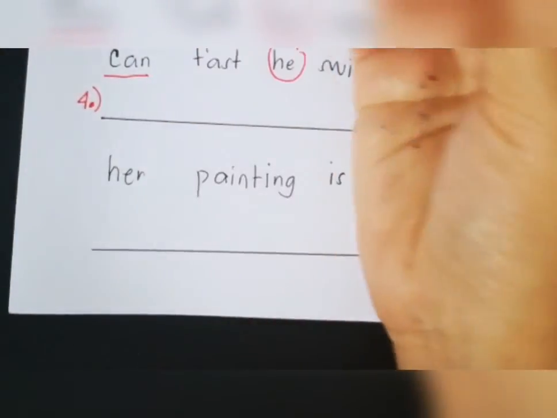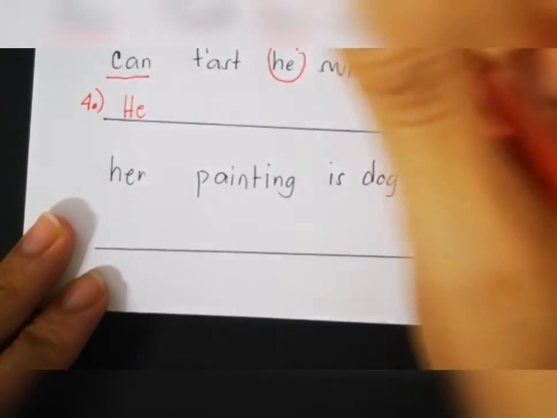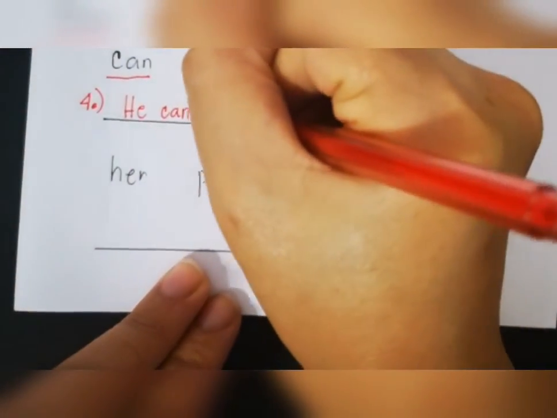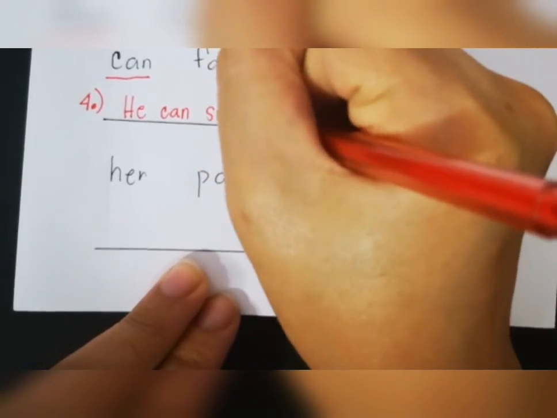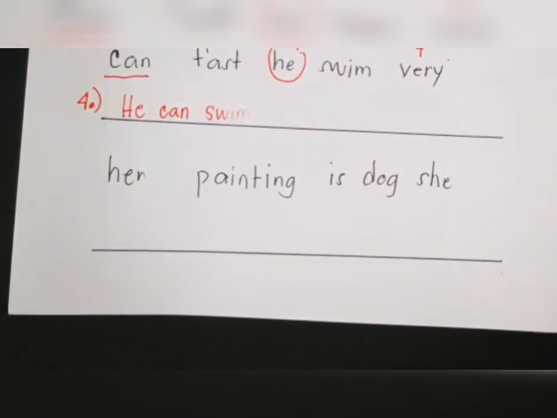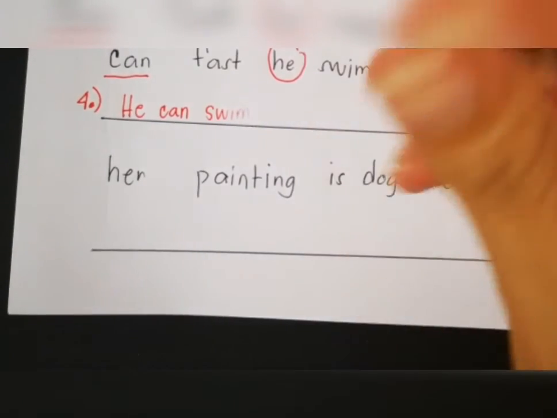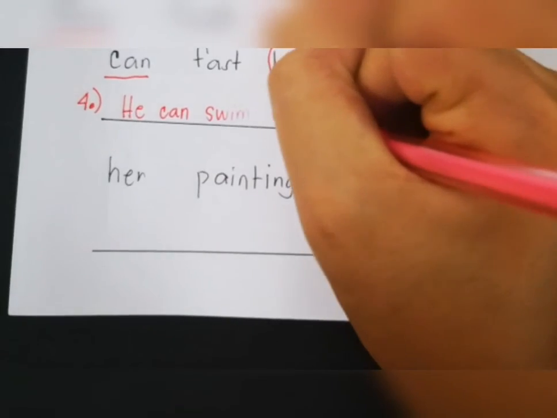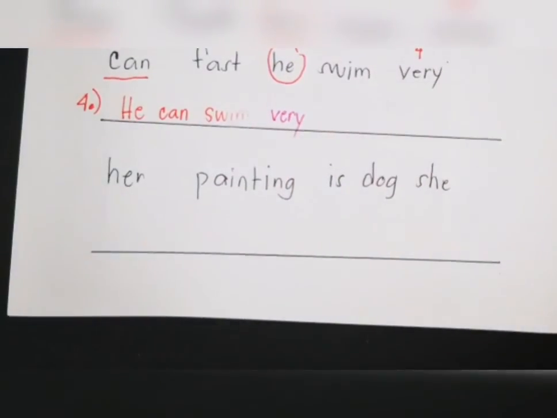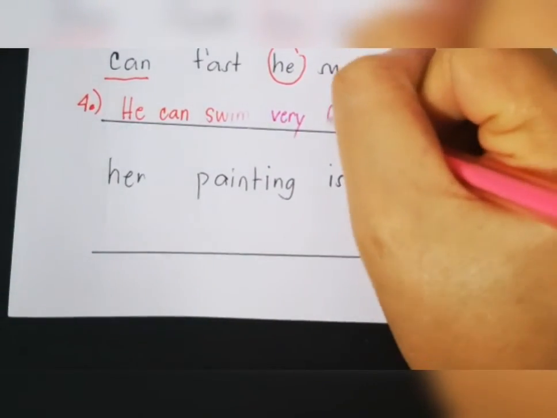Now I will write the sentence. So number 1 is he, 2 is can, 3 is swim, 4 is very, and then the last one is fast.